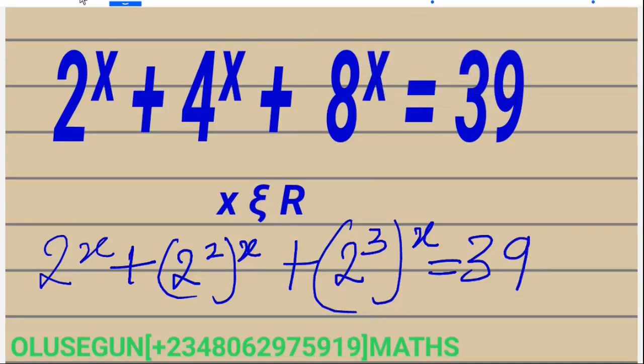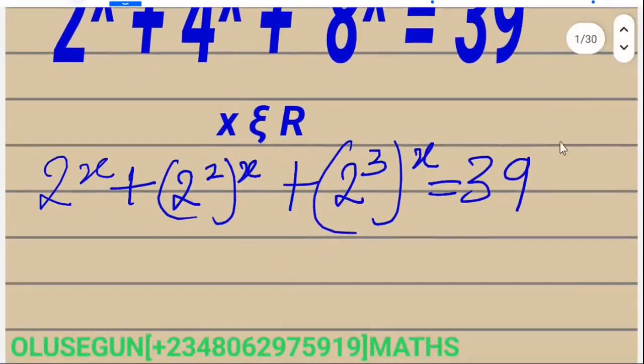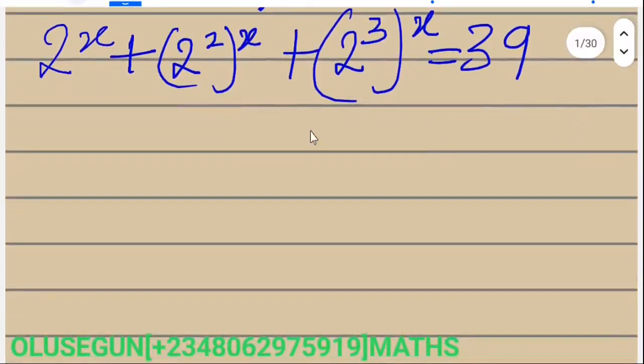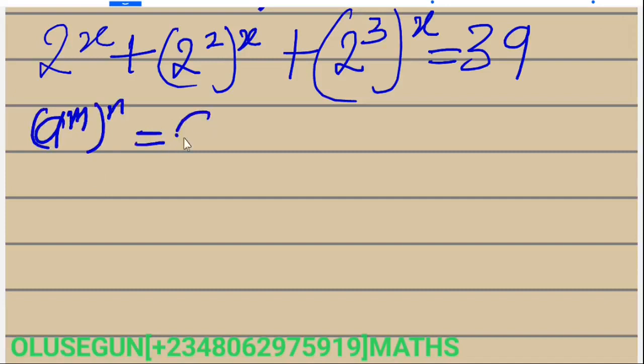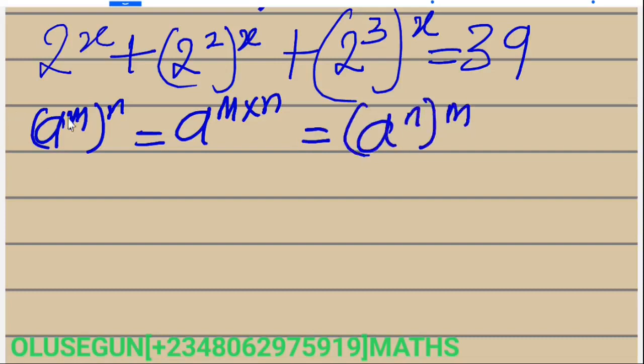Recall, there is a law that says a raised to power m, at the same time raised to power n, can be written as a raised to power m times n. At the same time, it can be written as a raised to power n, all raised to power m. You discover that this m is inside here, but this m is outside here.